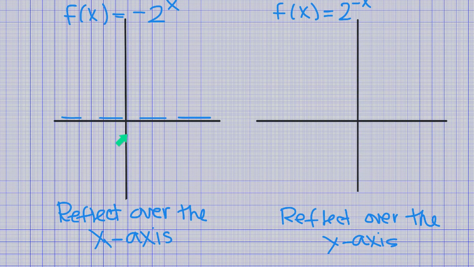Use the asymptote as a mirror. So we have a point right here. Okay, now this one is a base 2 problem, and so when we normally move over 1, we're not going to go up 3 like the last couple of problems. We're going to go only up to 2, but we're going to reflect it over our asymptote 2 units. So it's going to be right there at 1, -2.